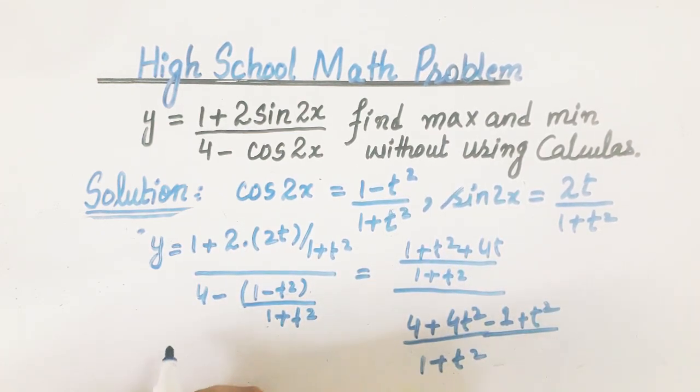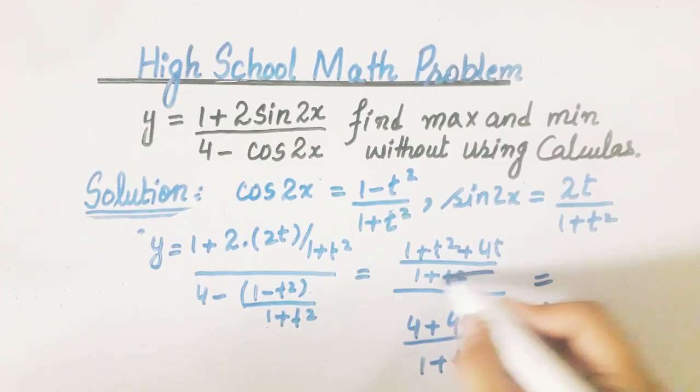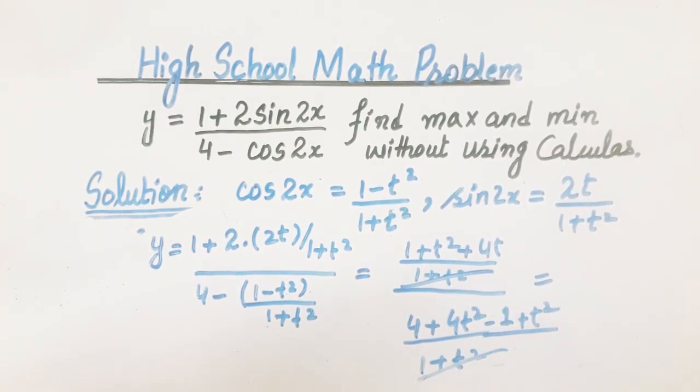Now this will be equal to: 1 plus t square is cancelled by 1 plus t square, and we have t square plus 4t plus 1 divided by 5t square plus 3.